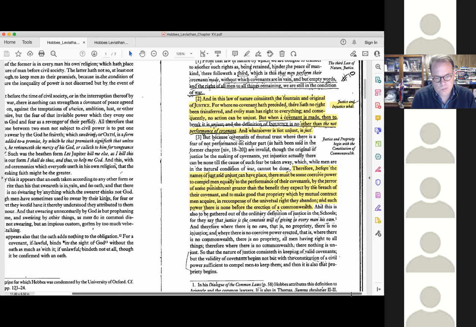And such power there is none before the erection of a commonwealth.